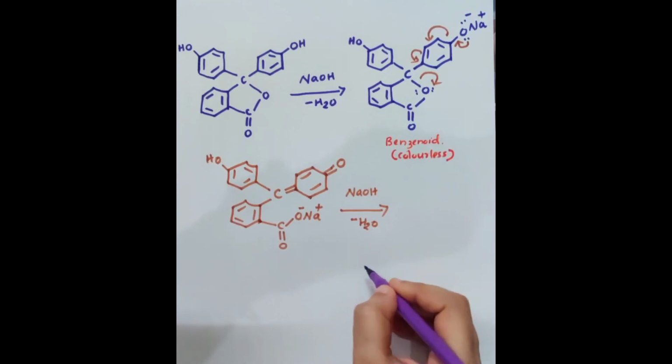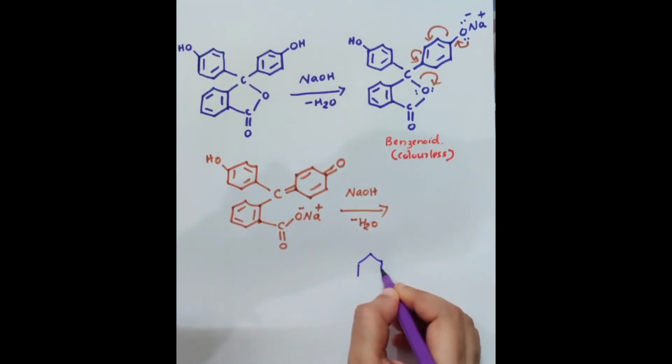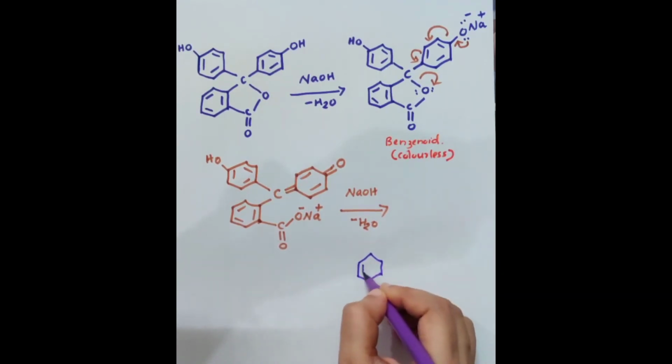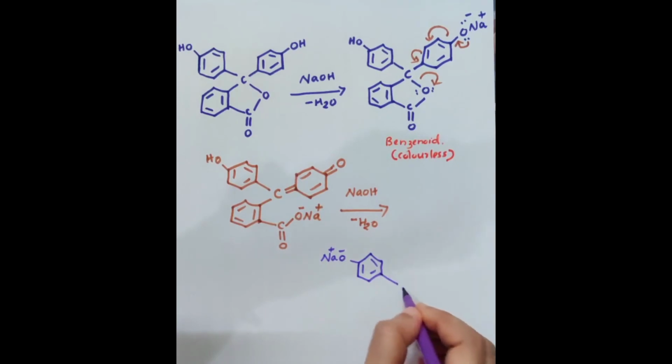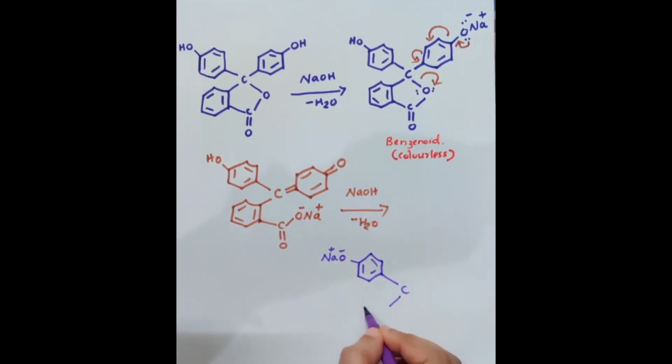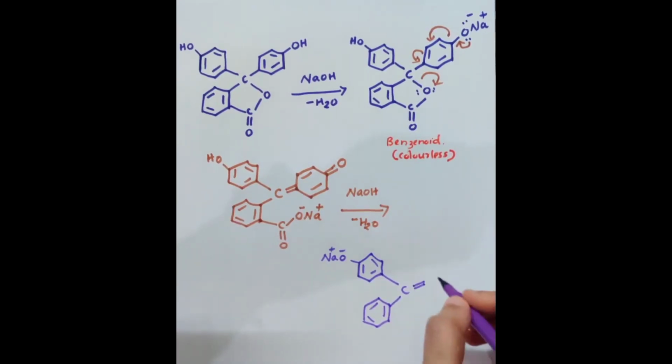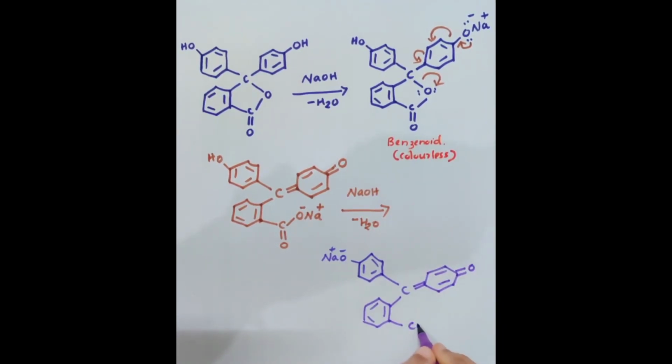Here, with this double bond and the benzenoid form, COO minus Na plus, which is the quinonoid structure, the red colored structure.